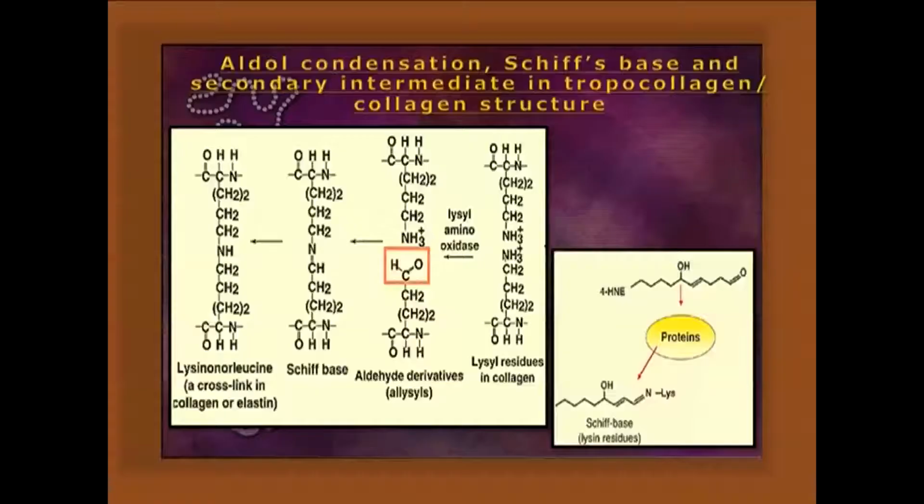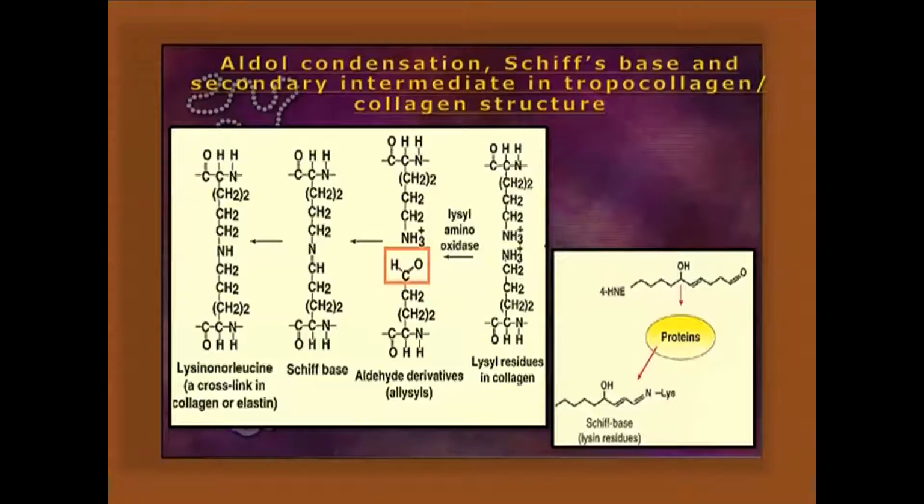Apart from which, we know the Schiff base intermediate between NH2 and the aldehyde given by the lysine in case of tropocollagen structure. Okay, so Schiff base can be made. We can find the secondary amide bond, that is also fine in case of tropocollagen structure to bind the interchain bonding, to bind all the tropocollagen structures to make the collagen structure, as well as the aldol condensation.